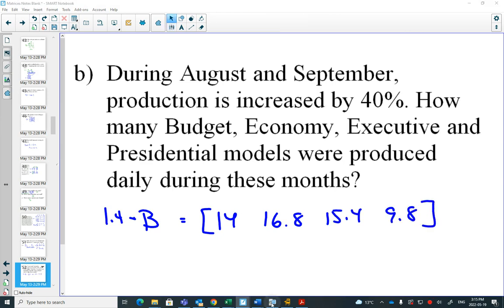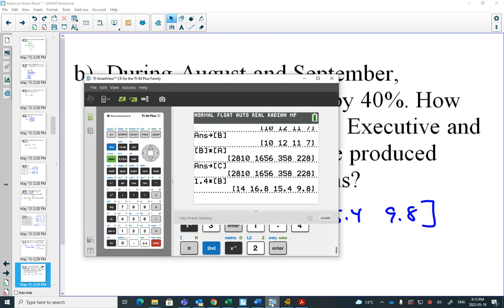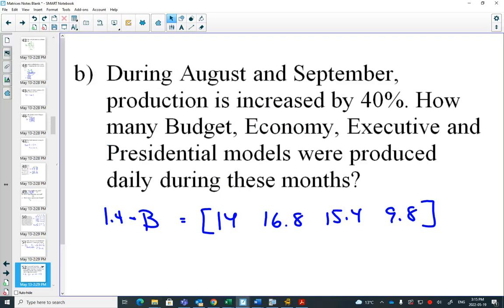Wow, I remembered all the numbers. It's on video.